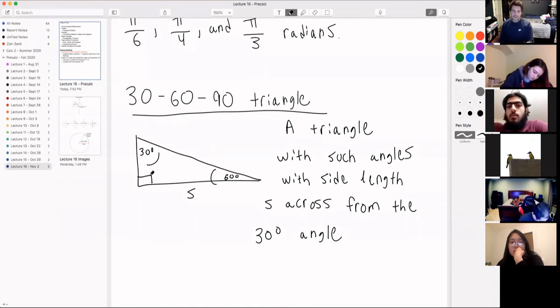So I am labeling the side across from the 30-degree angle as S, and you'll see why in a second. The length of the side opposite from the 30-degree angle is S.